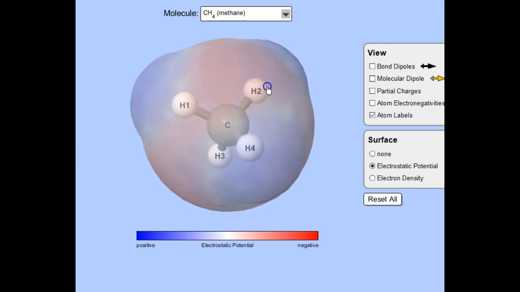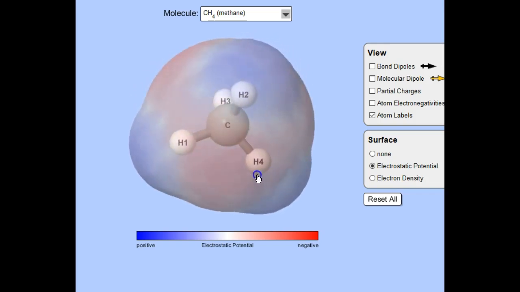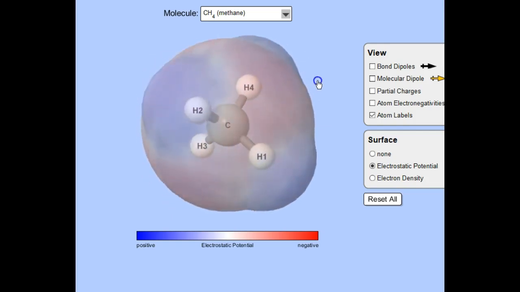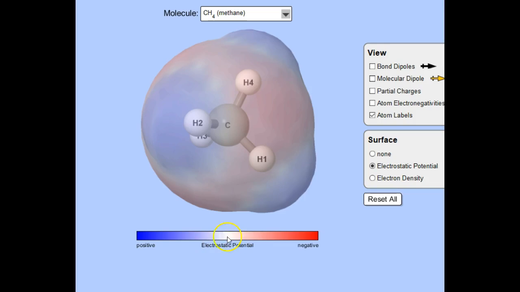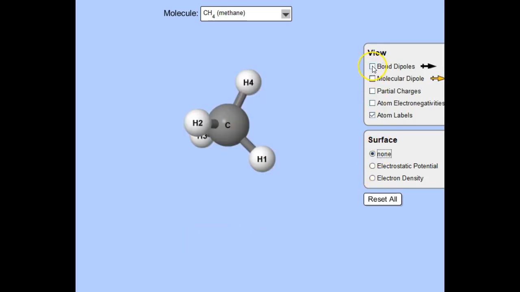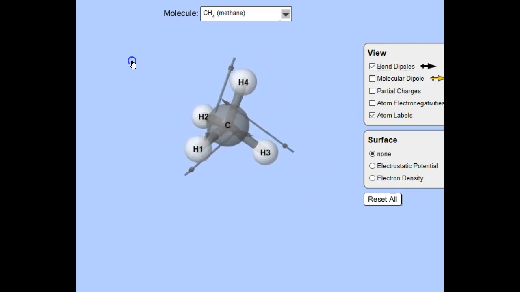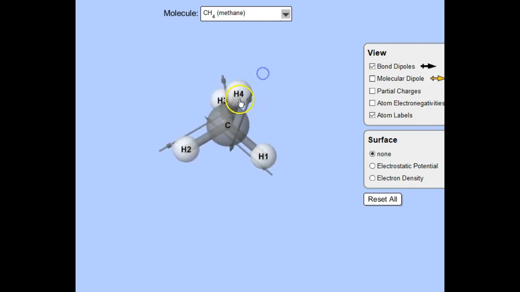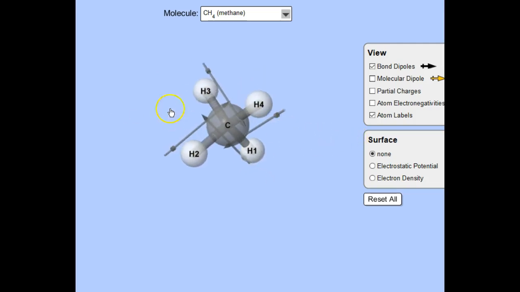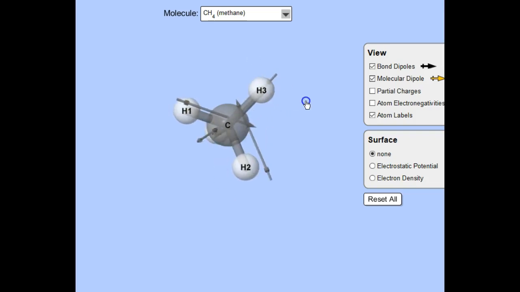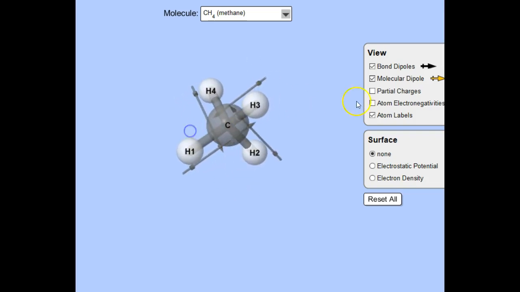CH4 is an example of a molecule that is nonpolar because it is symmetrical. So here is that electrostatic view, and you can see that it hovers right in this in-between region. I'm going to change this view here to show you that there are polar bonds. Each bond is polar, but because of the shape of the molecule, they all cancel each other out, and we end up with no overall net dipole moment on this molecule.